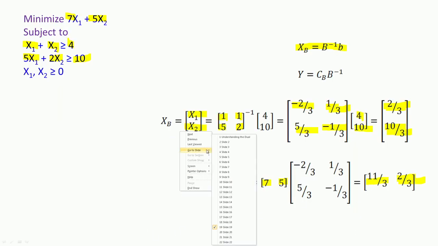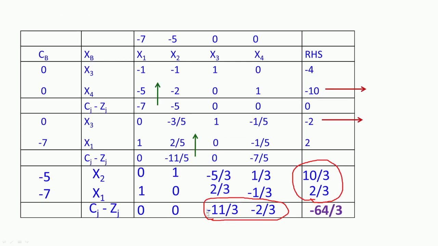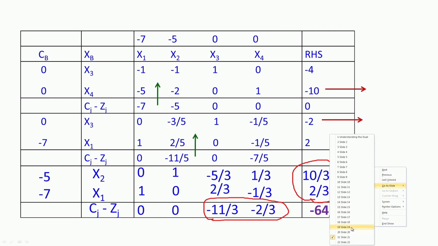You can see the 11 by 3, 2 by 3 happening here. x1 equal to 2 by 3, x2 equal to 10 by 3. You can also see the B inverse, minus 5 by 3, 2 by 3, 1 by 3 and minus 1 by 3. You can see this.